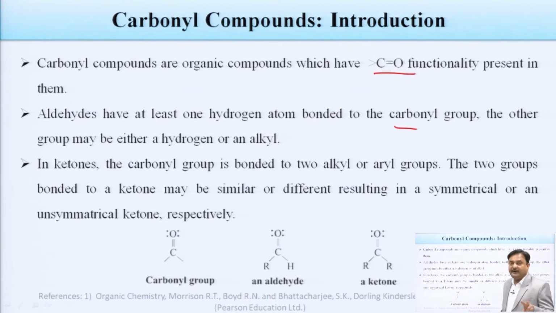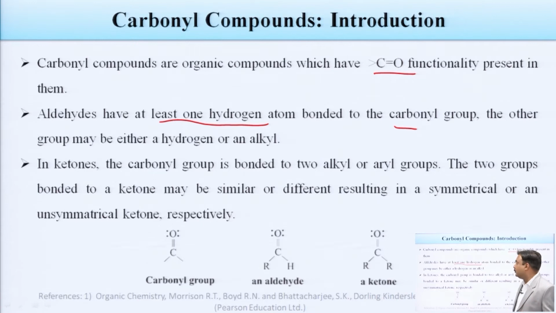As I told you, two different categories are there, ketone and aldehyde. What is the difference between aldehydes and ketones? An aldehyde has at least one hydrogen atom bonded to the carbonyl group. The other group may be either a hydrogen or an alkyl group, meaning one valency of the carbonyl is satisfied with at least one hydrogen, and the other valency is satisfied with an alkyl group.